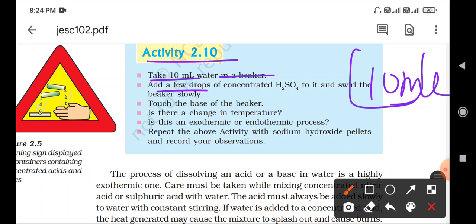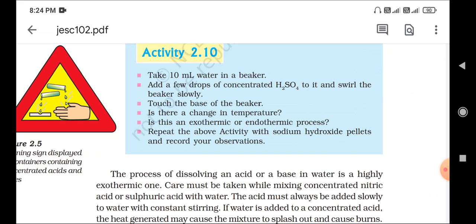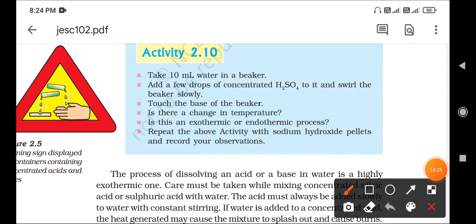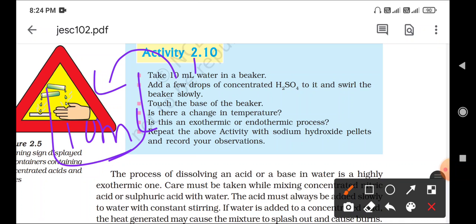Add a few drops of concentrated H2SO4 and swirl the beaker slowly. Remember that you have taken 10 ml of water in a beaker and we are adding H2SO4.